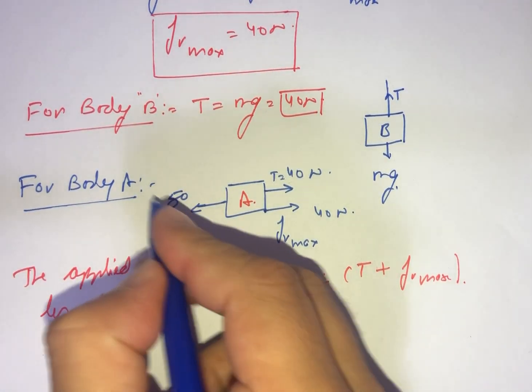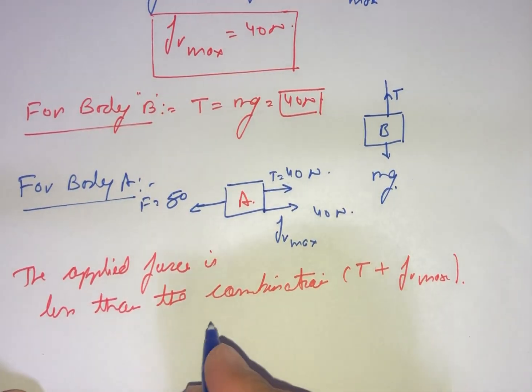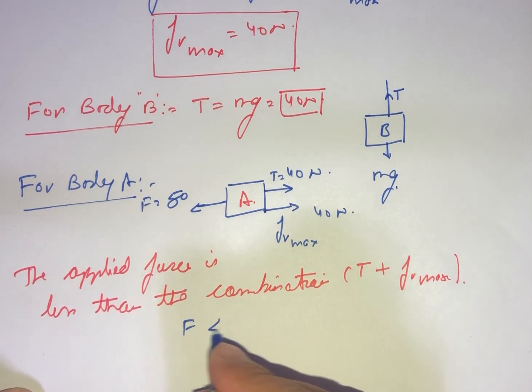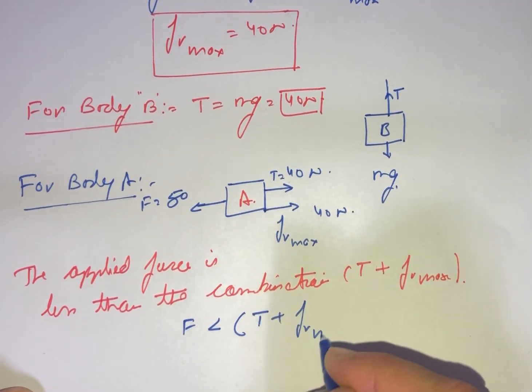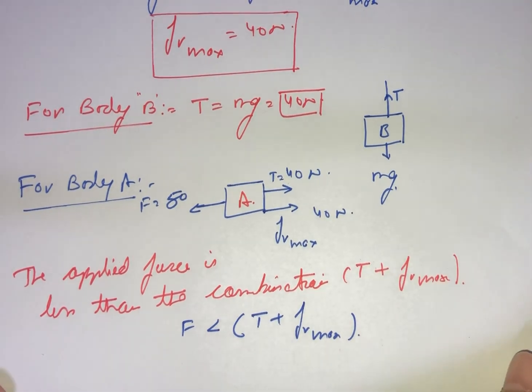So we can clearly see that F is less than T plus Fr max.